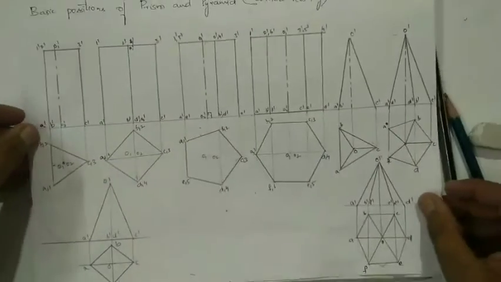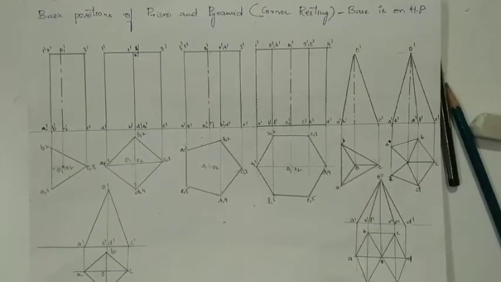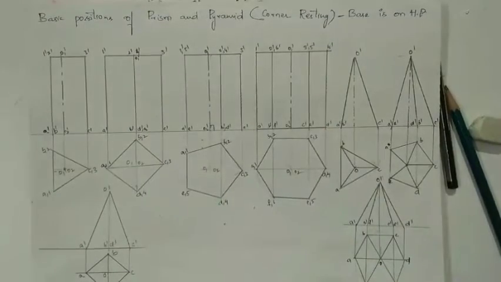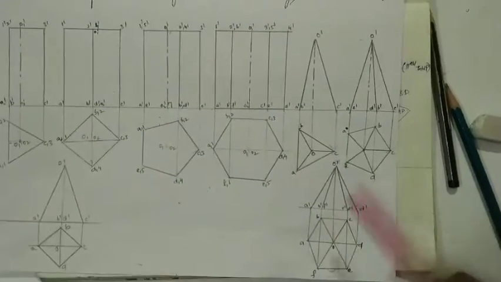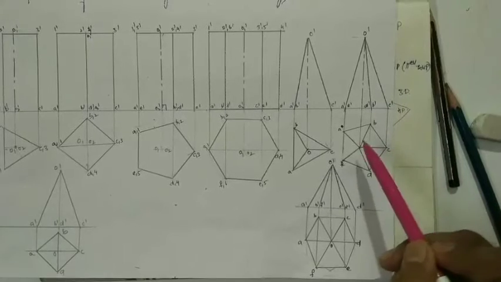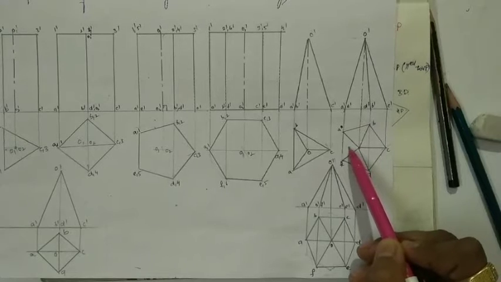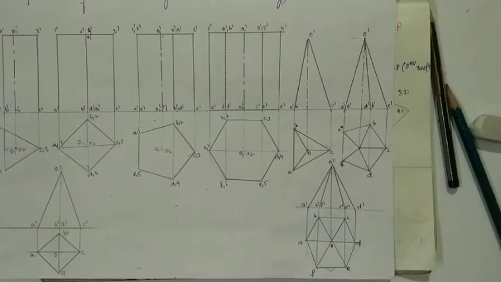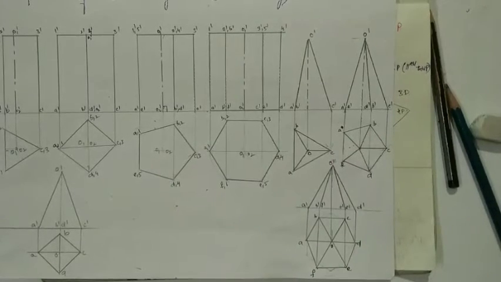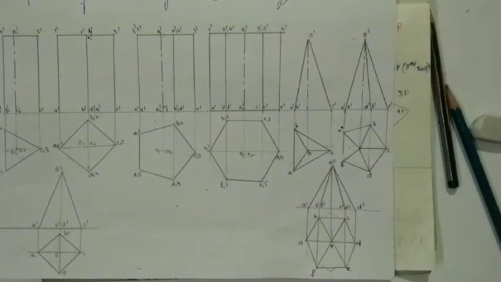Which one is suitable for us? First, if you see the basic positions of the prism and pyramid, it's a corner resting. Here is my pentagonal pyramid. In this problem we proceed with the first stage at the left side and then the second stage at the right side.